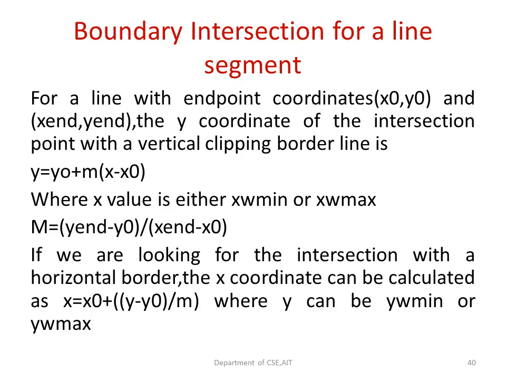Suppose we know the y value, then I have to find the x value. The x formula will be x = x0 + (y - y0)/m, where this y value can be either yw minimum or yw maximum. That means the line is cutting through y.